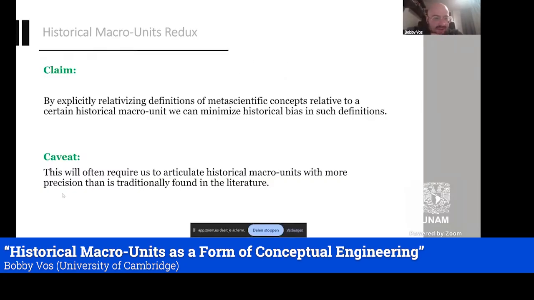This comes with a caveat, namely that this will often require us to articulate historical macro units with more precision than is traditionally done in this post-positivist body of work.